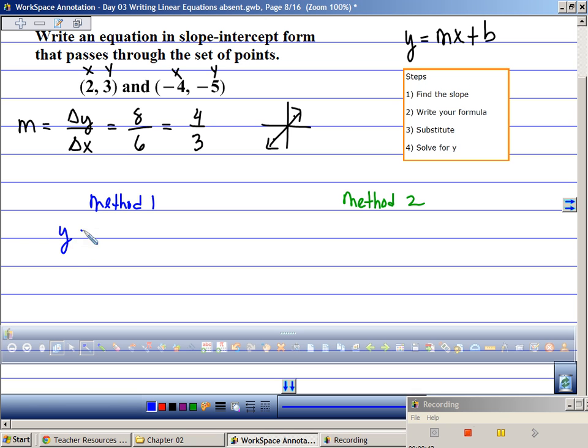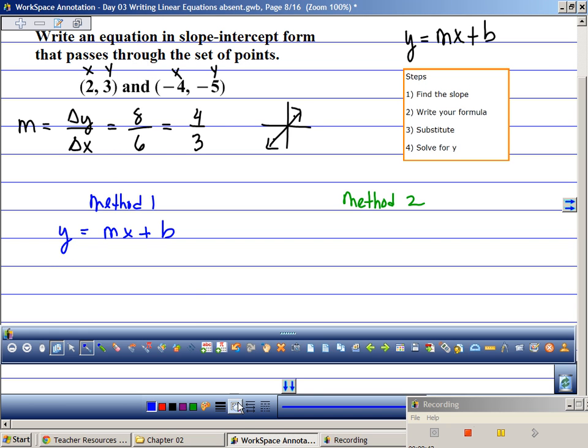Method 1 is y equals mx plus b. What's y? We gotta pick one. Which one would be easier to pick? 3. So we're gonna use this right here. That's the point we're gonna use.